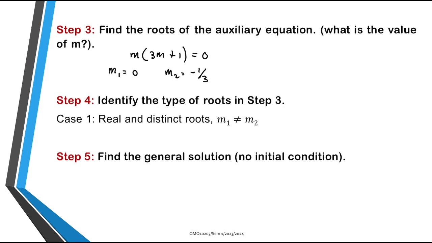Find the general solution. The general solution will be y equals a e^(0x) plus b e^(-1/3 x). Because e^(0x) is 1, you have y equal to a plus b e^(-1/3 x).